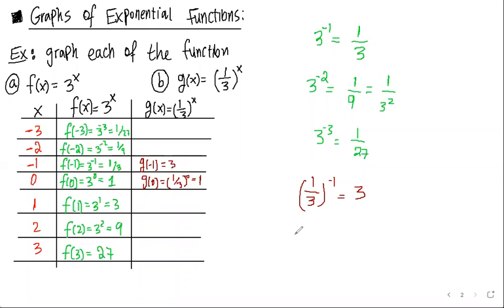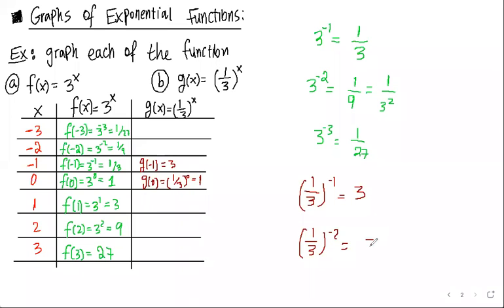What about g of -2? Plug the -2 inside the function, they give me 1/3, everything to the -2. And what does that give me? The minus means we have to flip, and the 2 we have to square after we flip.